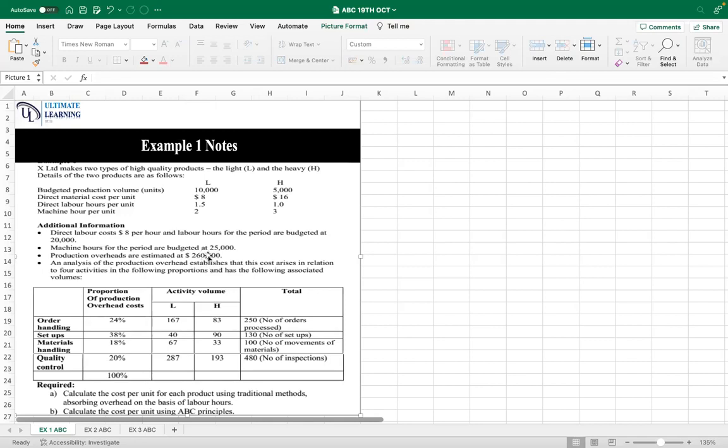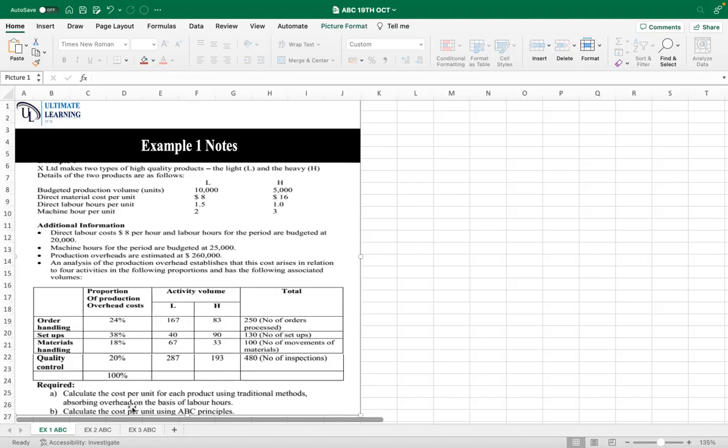So the overhead costs are 260,000. An analysis of the production overhead establishes that these costs arise in relation to 4 activities in the following proportions and have the following associated volumes. So you have order handling, setup, material handling, and quality control. You have been given all these. These are basically the cost pools and cost drivers.